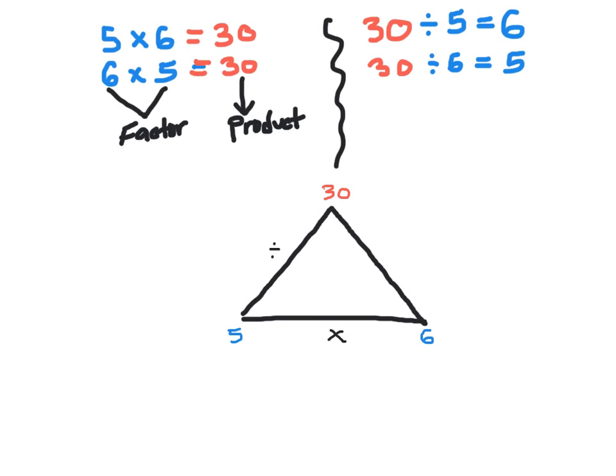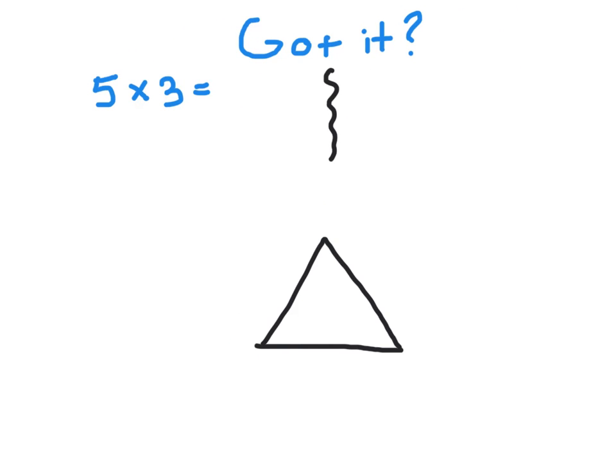Or I could say 30 divided by 6 is equal to 5. So this triangle shows the relationship between these fact families. So go ahead and try this got it problem and see if you can create a fact family for 5 times 3, and go ahead and complete the triangle as well.